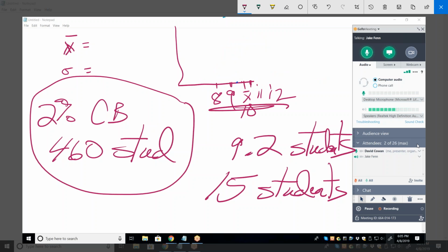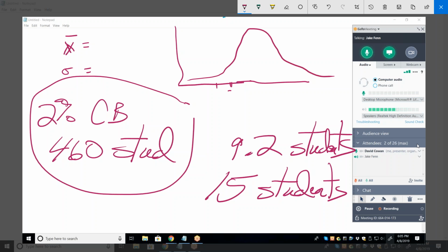Let's say the mean would be 9.2. Problem is that 15 students might be 3 sigma away, might be 5 sigma. You know what I'm saying?